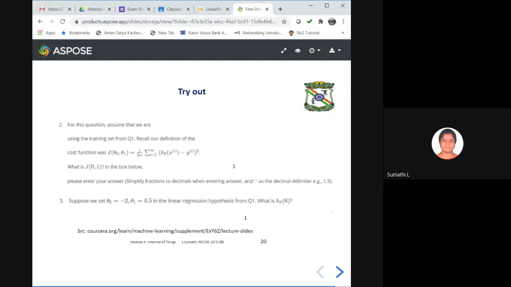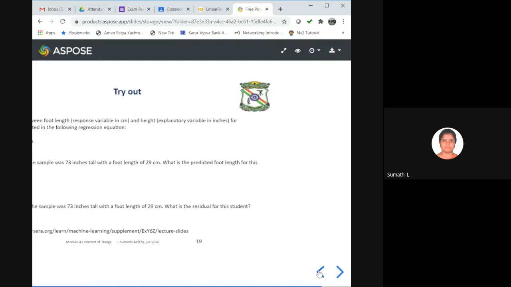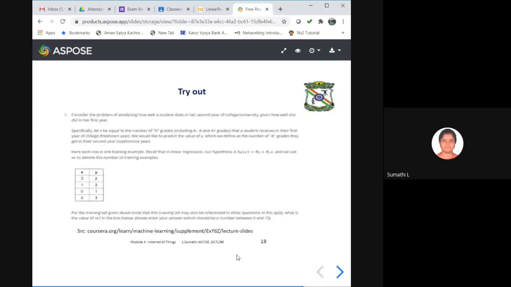Now this is the question. For this you have to make use of this data set. What I do is I will share my entire screen so that you can see everything.